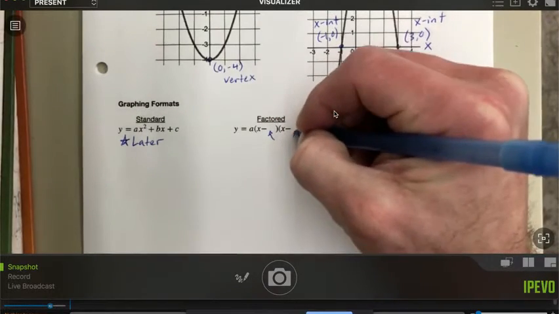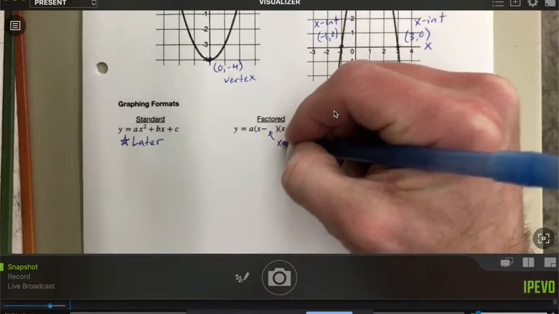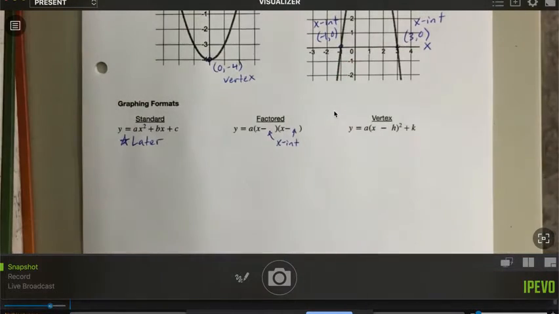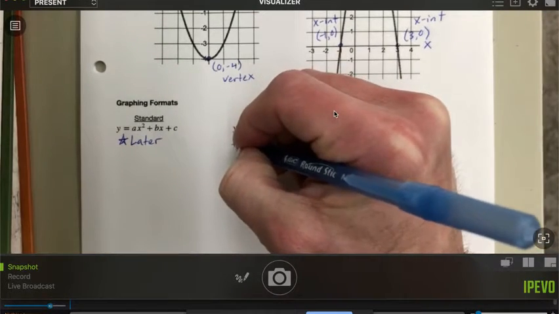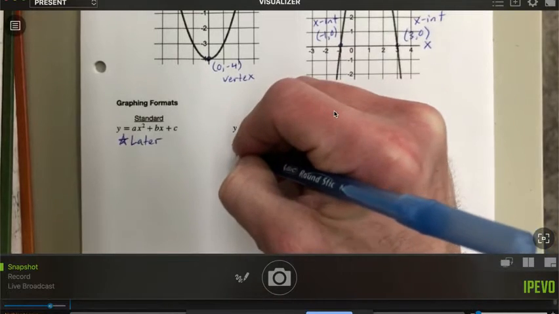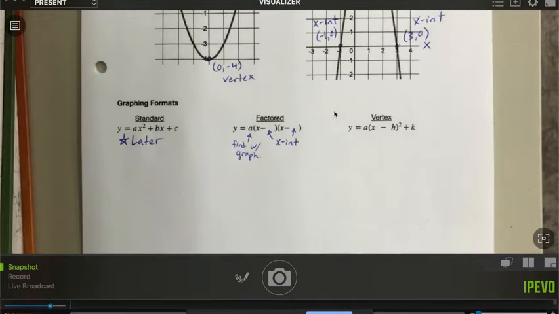In factored form, I left these blanks here because that's where my x-intercepts are going to go. In this A, we're going to find that with the graph.